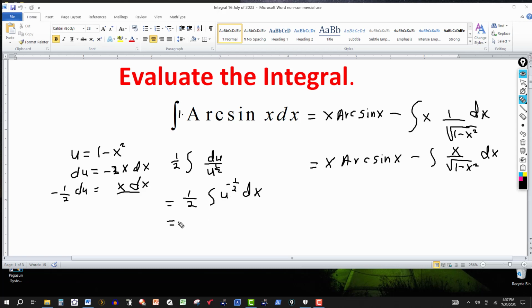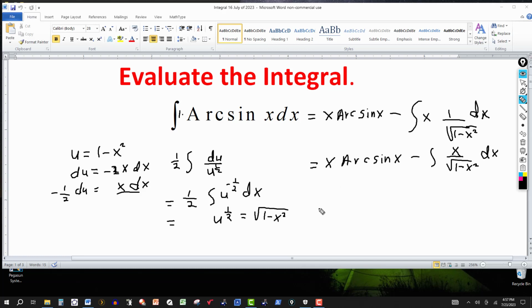So using the power rule for integrals here, I add 1 to the negative 1/2. That'll give me a 1/2. And then I divide the coefficient by 1/2. It'll be 1/2 divided by 1/2. This will be 1. And then this will equal u to the 1/2, or I could write that as the square root of u, and u is 1 minus x squared.